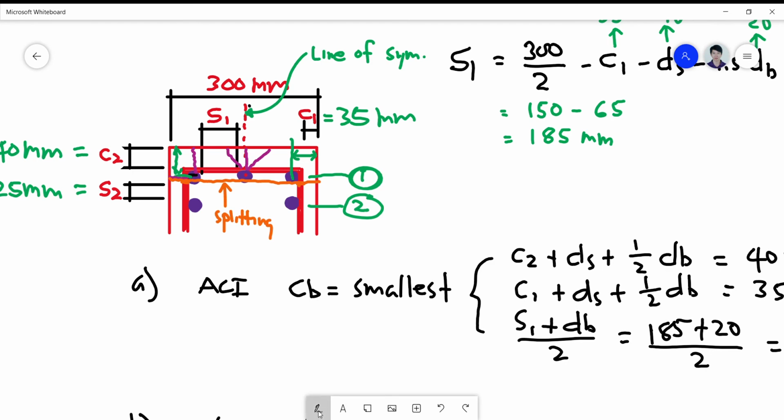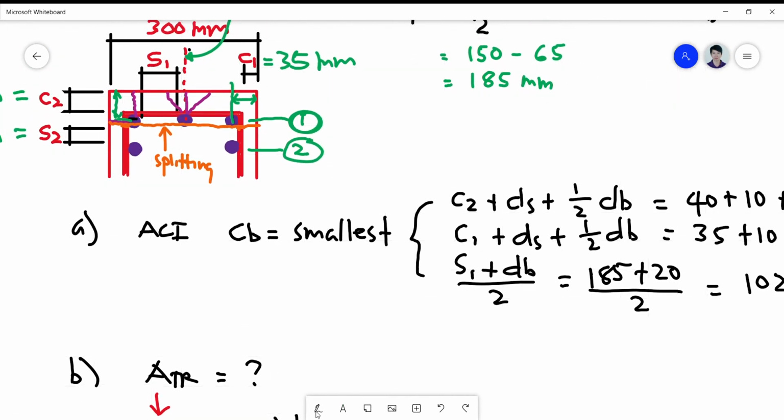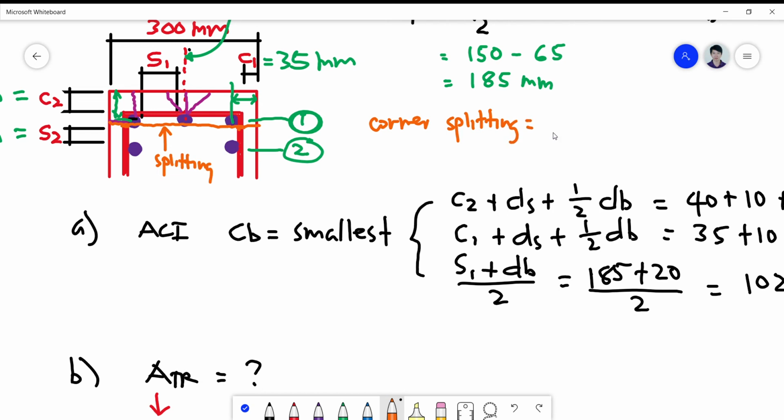Okay, so we simply take a look at that aspect. Okay, C1 plus C2, or let's write it, the corner splitting, C1 plus C2 equals 40 plus 35 is 75 millimeter.